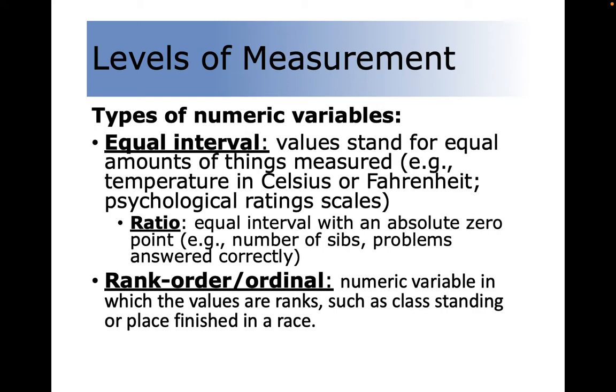For example, the number of siblings a person has is a ratio variable because a 0 means no siblings. You could be an only child, for example. We can also say that a person with 4 siblings has twice as many siblings as a person with 2. Other examples that are measured on a ratio scale would be physical variables like distance and weight and time.